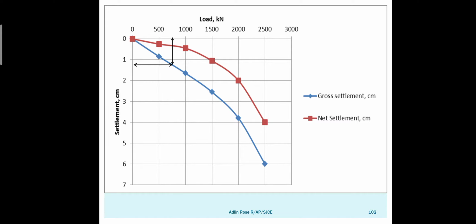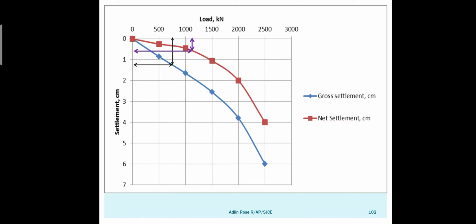That is first method. Second method is finding the load corresponding to gross settlement of 6 mm. So 6 mm is 0.6 centimeter here. So 0.6 centimeter corresponding on a gross settlement load is 1125. So multiply the 1125 by 2 by 3. You get the second value.